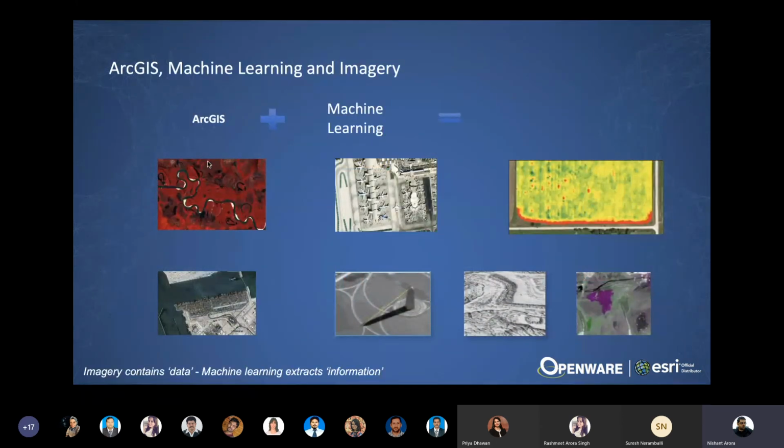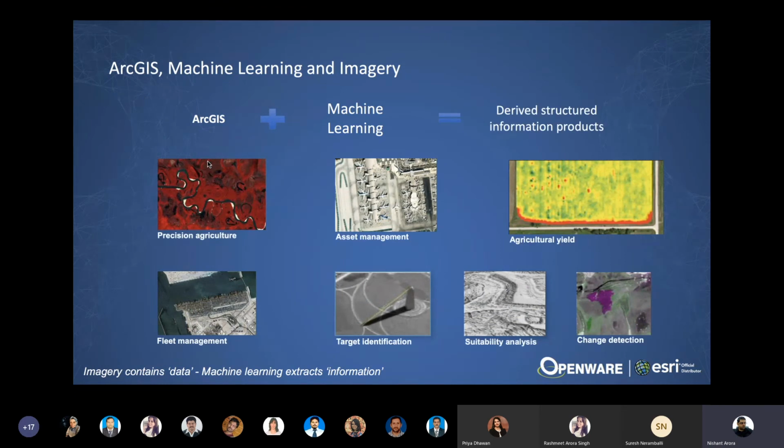So in ArcGIS, we have machine learning tools that help us in deriving structured information products. These products help us in a lot of areas such as asset management, identifying agriculture yield, fleet management, identifying targets, performing suitability analysis and change detection. In general, imagery in raw form is unstructured data.